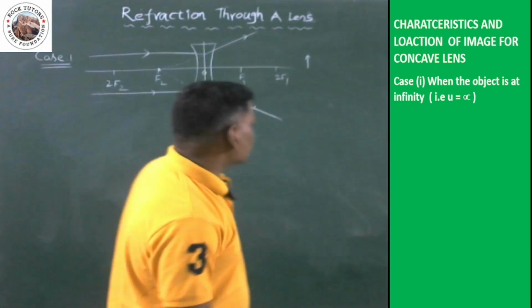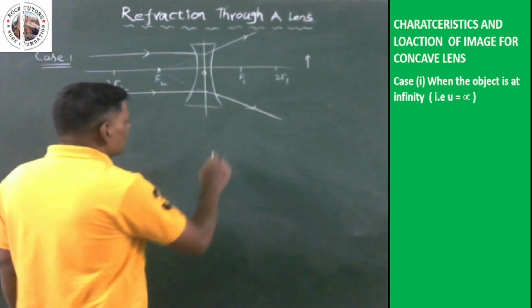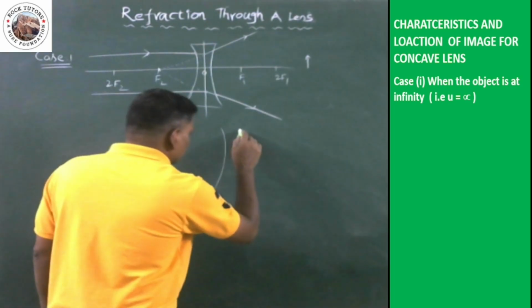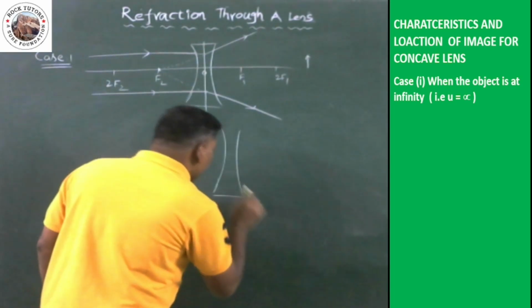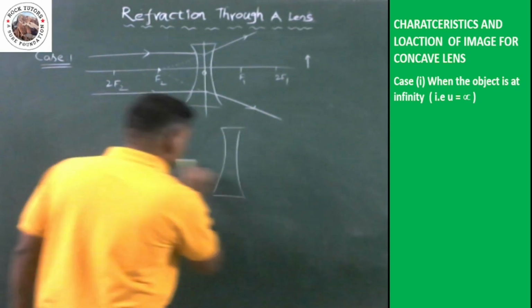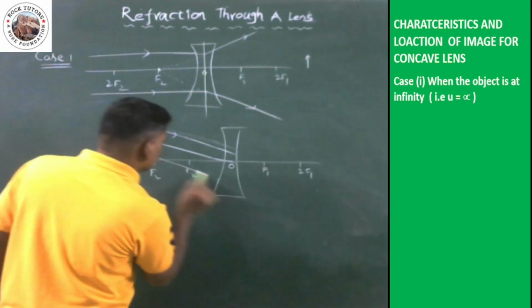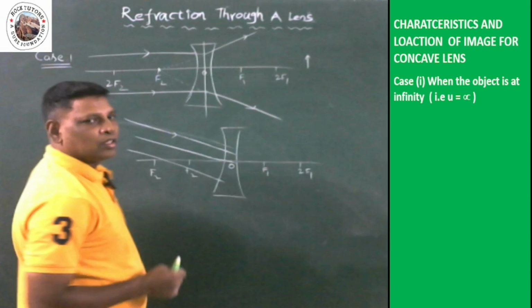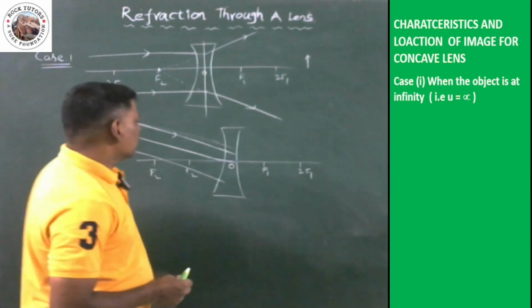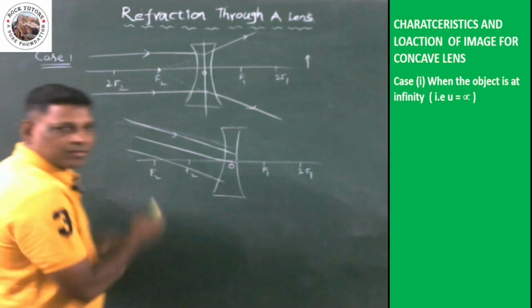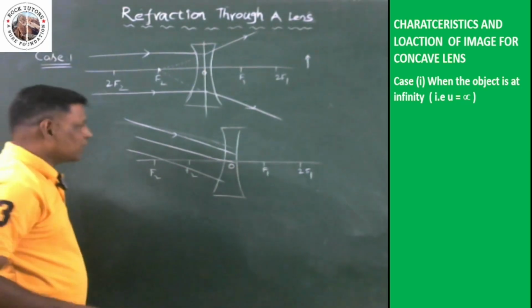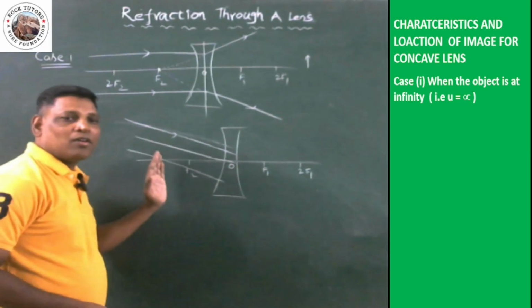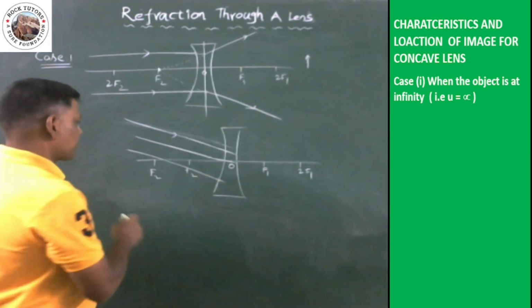In another case, suppose the rays are falling obliquely, that means parallel but not parallel to the principal axis.